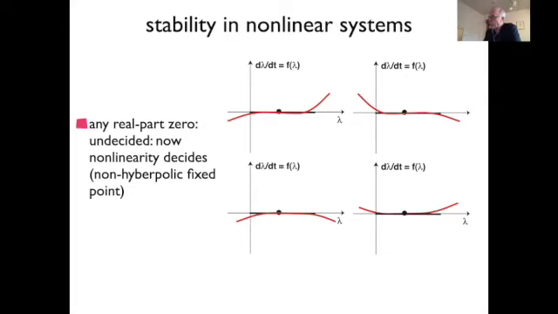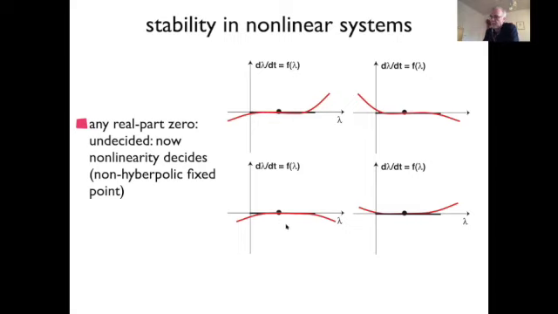Say at the fixed point your slope is zero, so your linearization has zero slope, but you might intuit that this is still a stable fixed point, because on the right you tend to have a negative rate of change and on the left a positive rate of change, and that was responsible for the attraction picture. So this would be a stable fixed point, but its linearization isn't stable. While this has the same linearization, it would be an unstable fixed point.